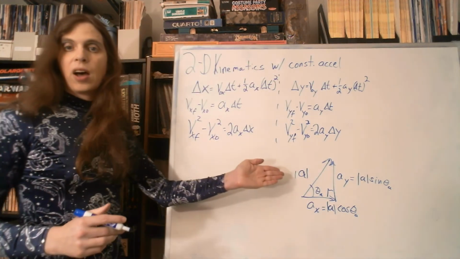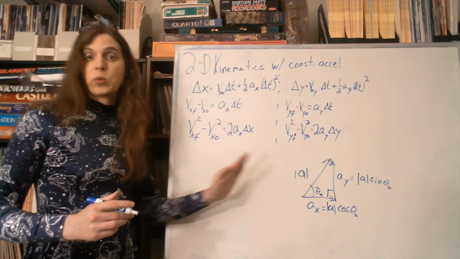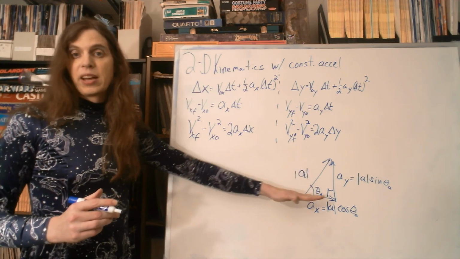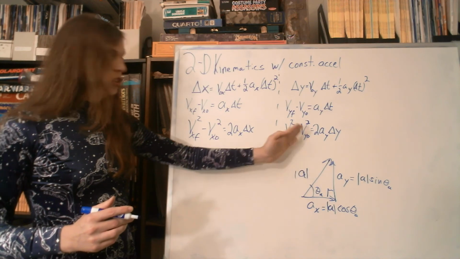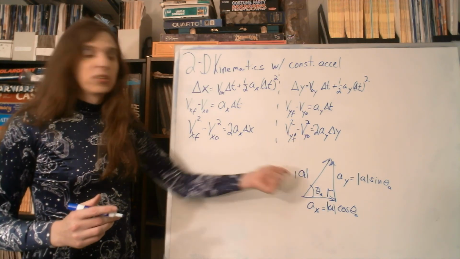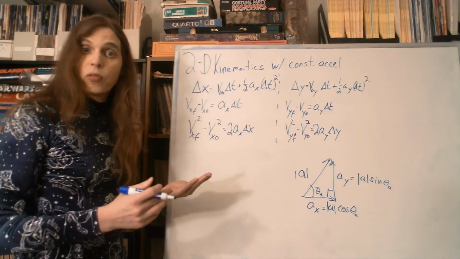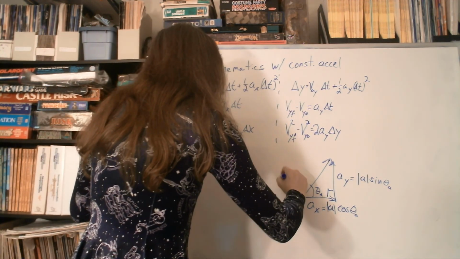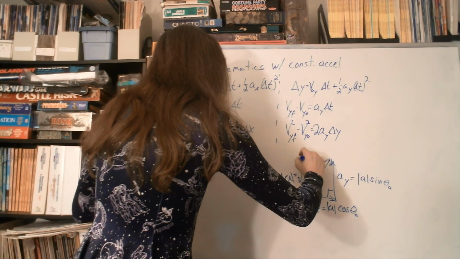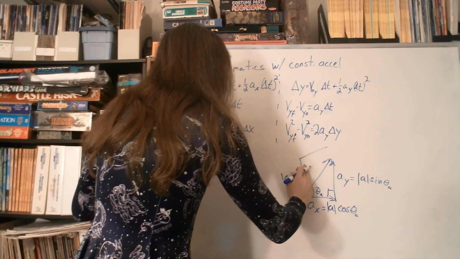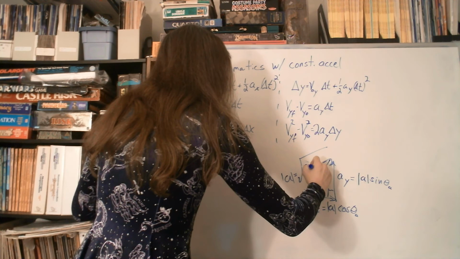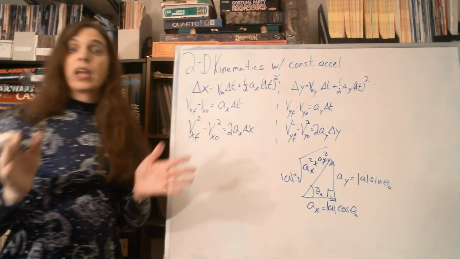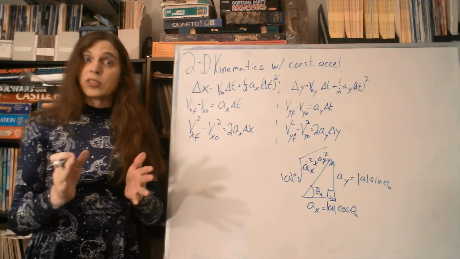So if our acceleration vector was off in some direction, some angle theta a away from the x-axis, you could break that down into different components. You could relate those components to the overall acceleration through the Pythagorean theorem, like we could with any other vector.